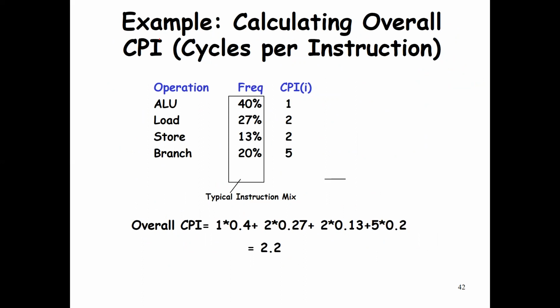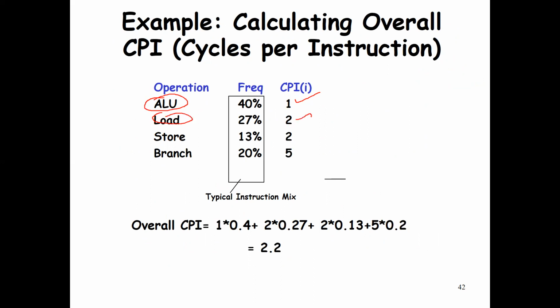Again, CPI may vary for different instructions. For example, let us assume that for an ALU operation, CPI is one clock cycle. If it is an arithmetic or logical operation, that can be done in 1 clock cycle. Say a load instruction can be executed in 2 clock cycles.